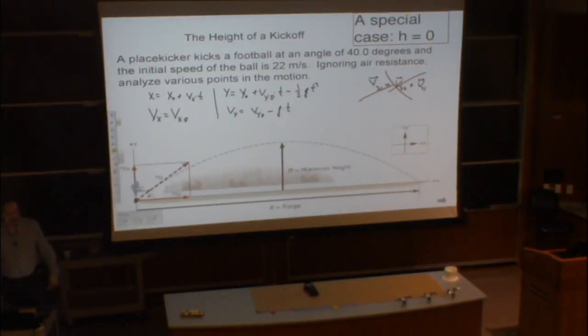The x component is equal always to its initial value because it doesn't change, because it is constant. But the y component changes. So this symbol represents the y component of initial velocity, same as this. And now we just need to, yes?